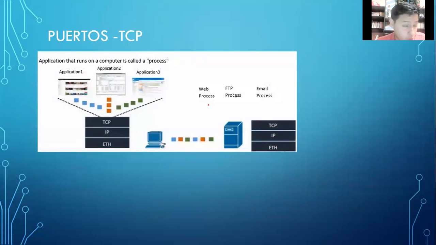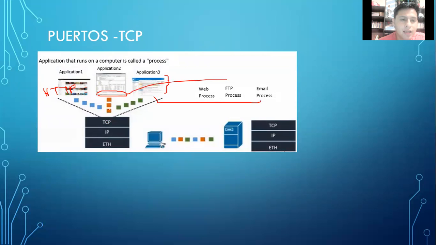Application 1, for example, is HTTP, in other words, a web process. Application 2 sends information, download, this is the FTP process, and application 3 is Gmail, my Gmail, so it's an email process.